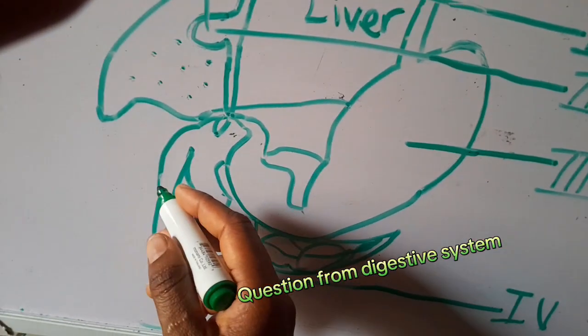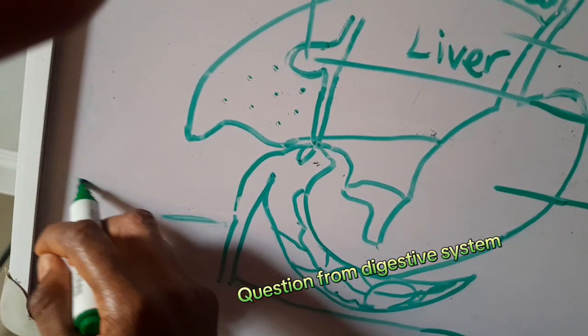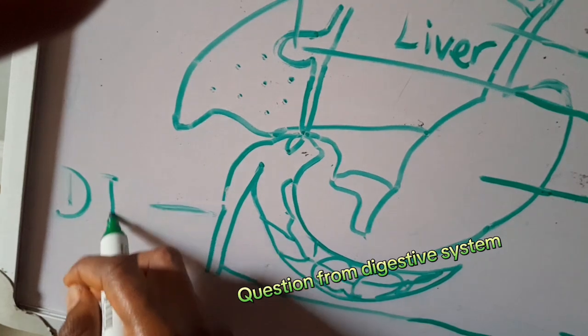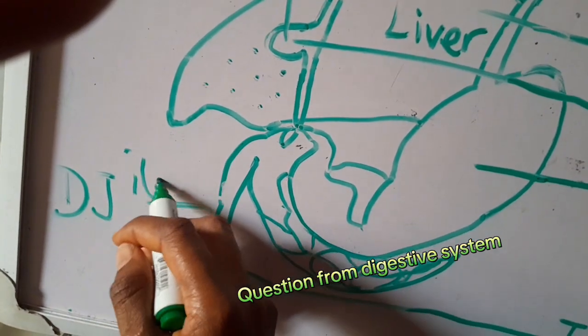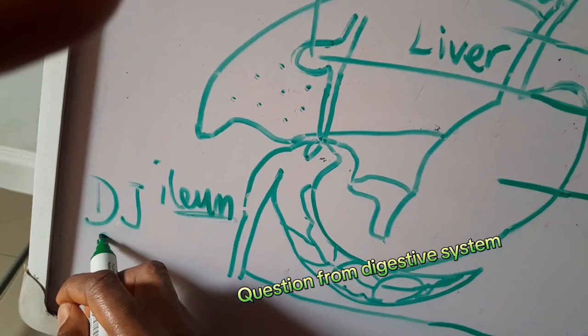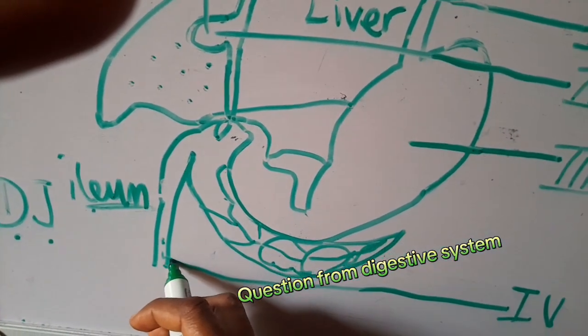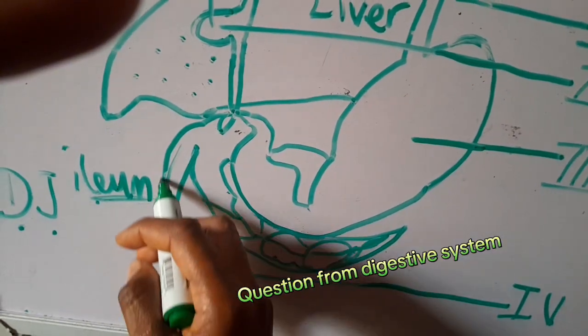The small intestine has three parts. I used to tell students it's DJ, ileum. So remember the three parts of the small intestine. This actually is the first part, called the duodenum, then the jejunum, and the ileum. So this first part here is the duodenum. It is actually here that emulsification of fat occurs.